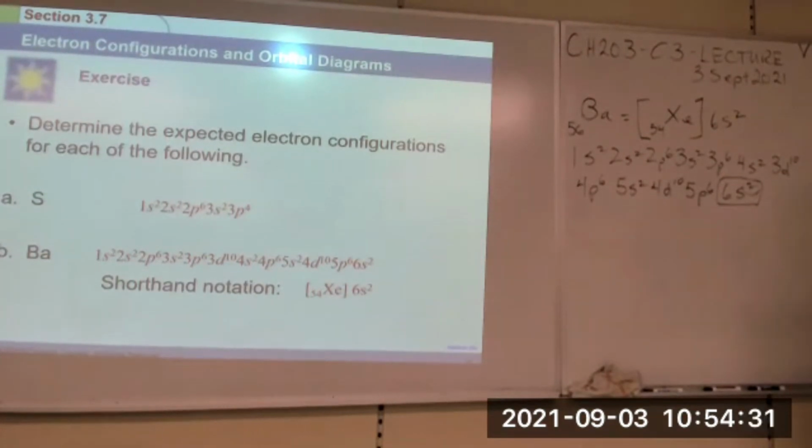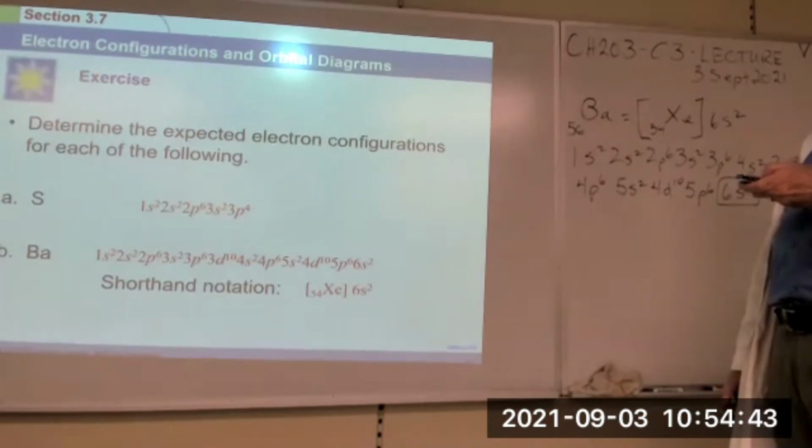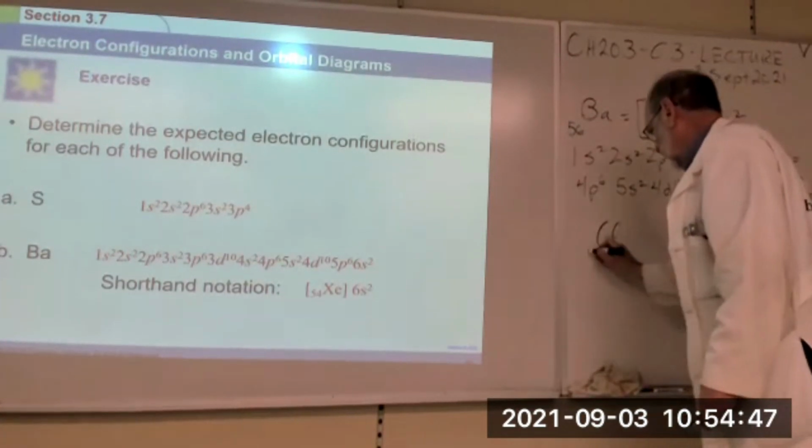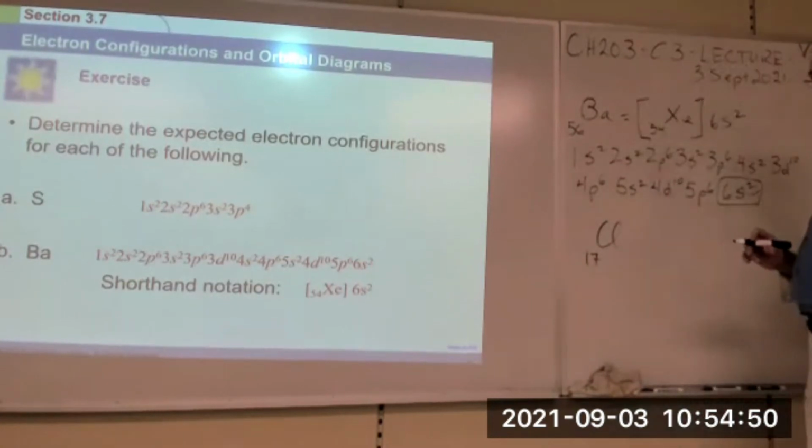So that's what barium did. The easiest way for it to look like a noble gas was to lose those electrons. What about the other side over here? Let's say chlorine is 17. If we use our shorthand notation, we'd go back to neon.